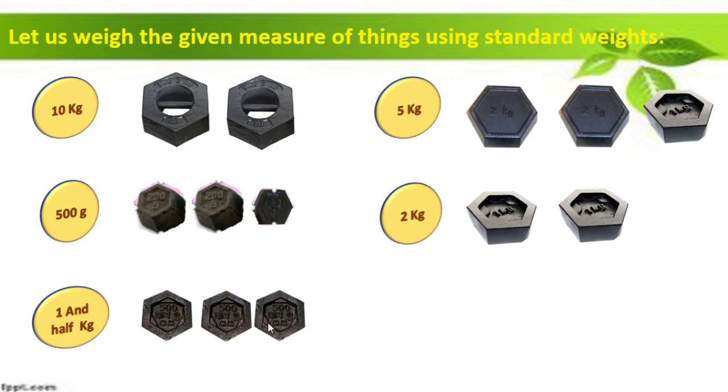If we weigh the object 3 times with the help of the 500 gram stone, then it becomes equal to 1.5 kg. Right? Here 200 gram we want to weigh, and we have 100 gram weight. So we will weigh 2 times. Isn't it? Very good.